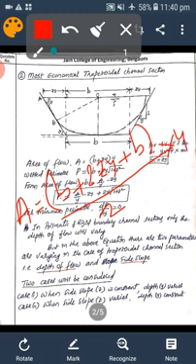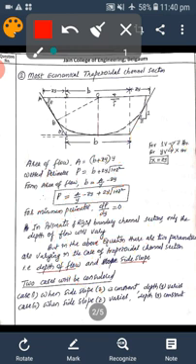Then B plus B is 2B, and here 2ZY. Take 2 out, then the 2 cancels. You will be getting (B plus ZY) into Y. That is the area of flow. I hope you understood.